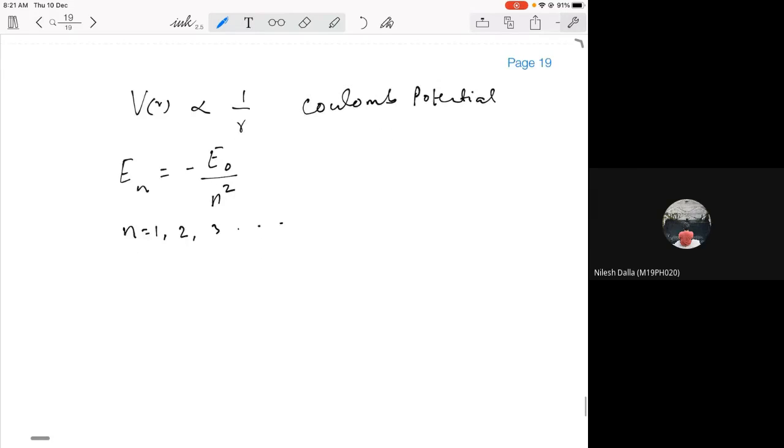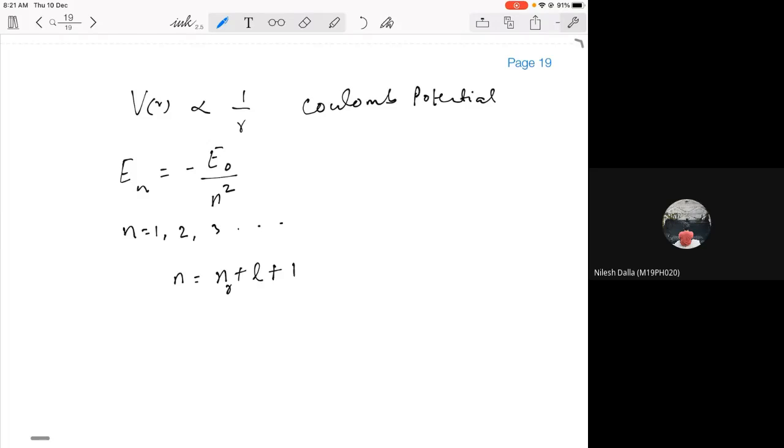You can also write it down when you solve it in spherical polar coordinates. Here n will be equal to nr plus l plus 1.